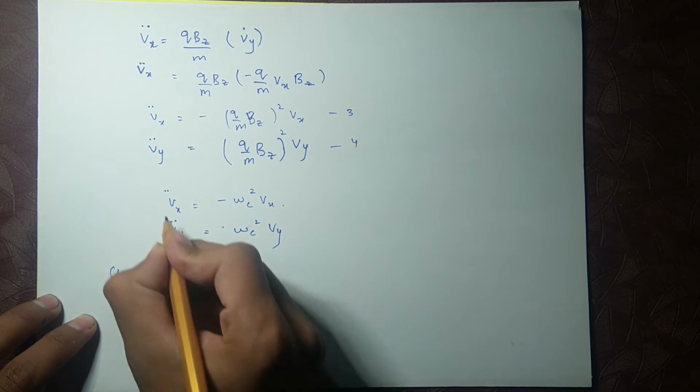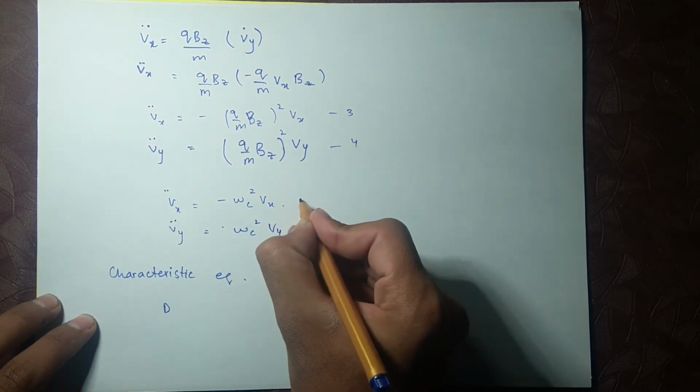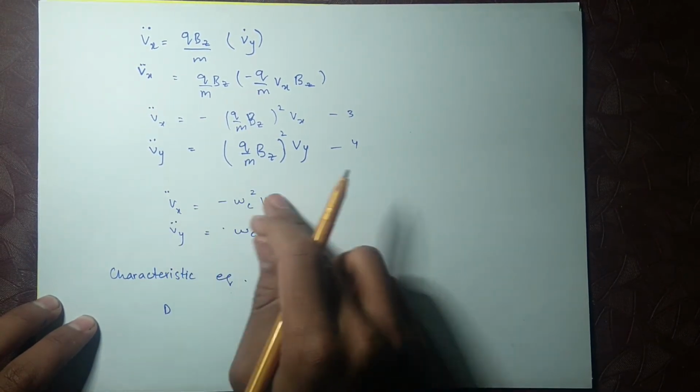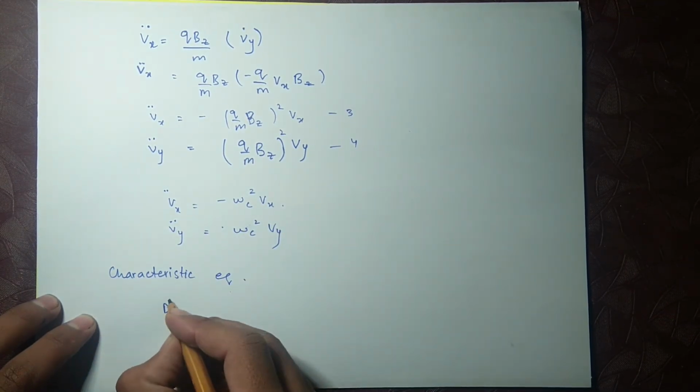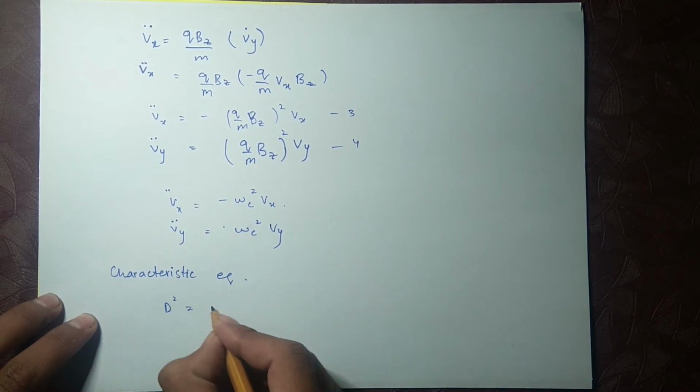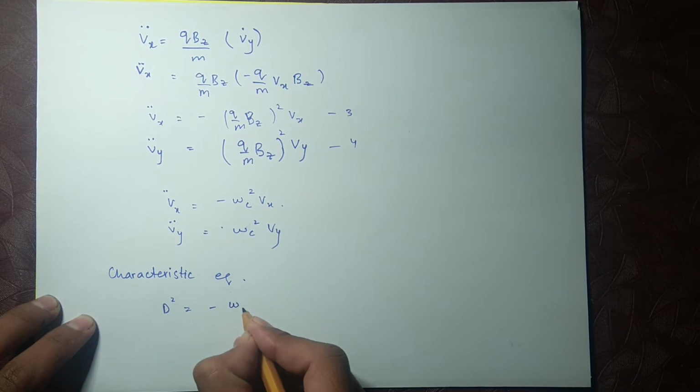I'm considering this equation. It will be equal to d squared equals minus omega c squared.